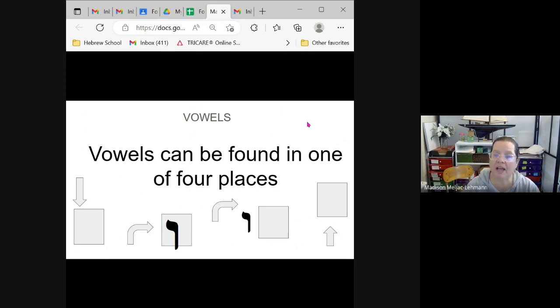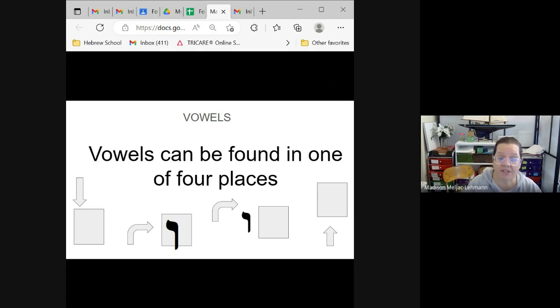Vowels. Okay, this is sometimes confusing to people. All I'm trying to get you to understand in this slide is where to look for the vowels. The reason I'm doing this is because if you open up a Siddur or some Hebrew text, especially anything that has to do with Torah reading, you will find that there are more symbols besides the vowels.